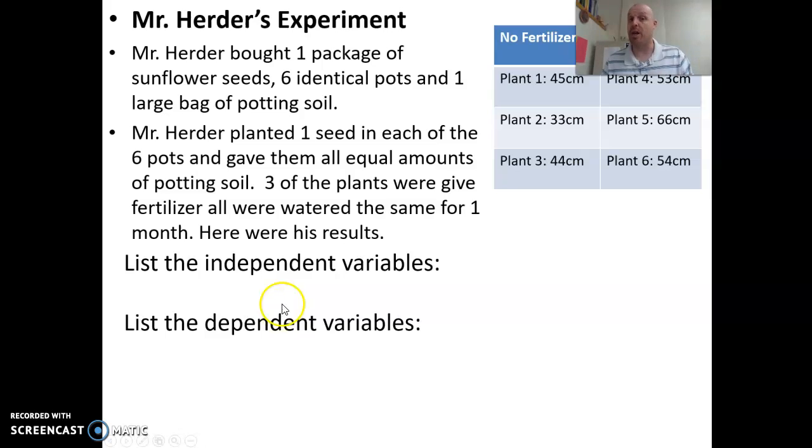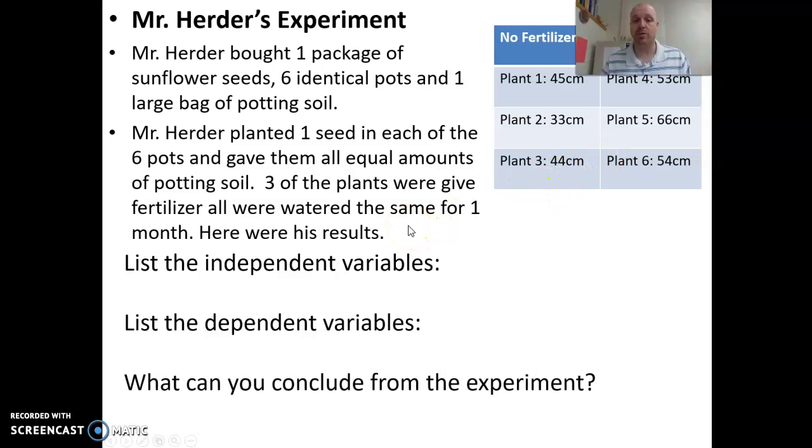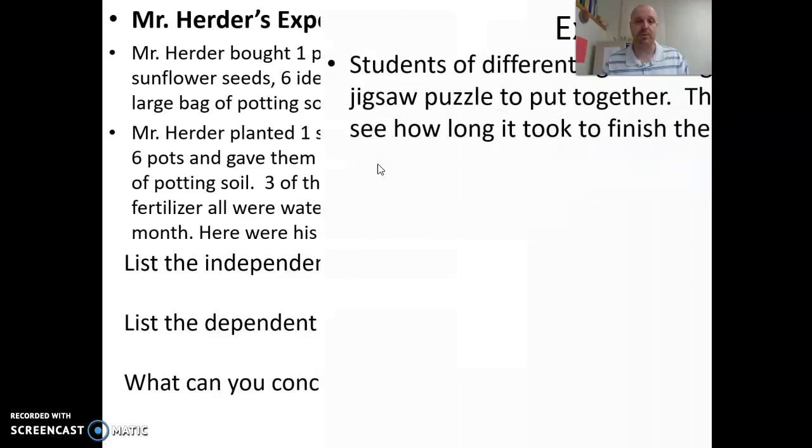I changed the fertilizer. Very good. The dependent variable is the result of me changing the fertilizer: no fertilizer versus fertilizer. The result is fertilizer grew more. What can you conclude from the experiment? Looking at the data table, you can conclude that fertilizer actually does make this particular plant grow taller, and we used sunflowers.